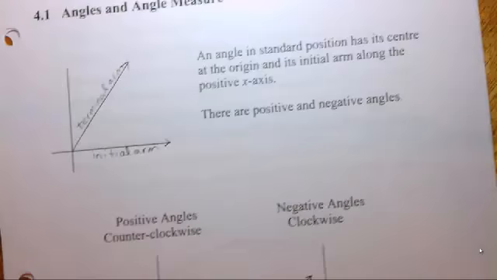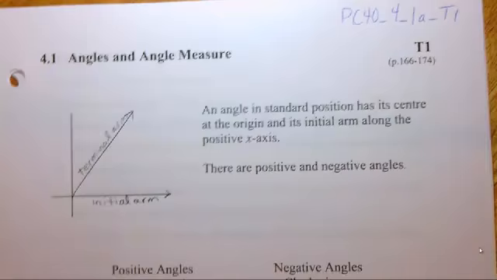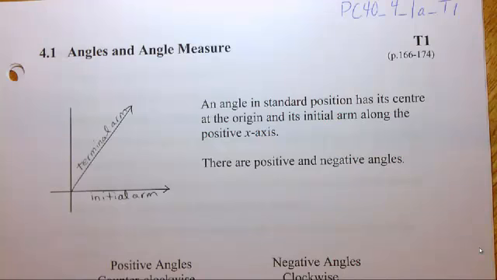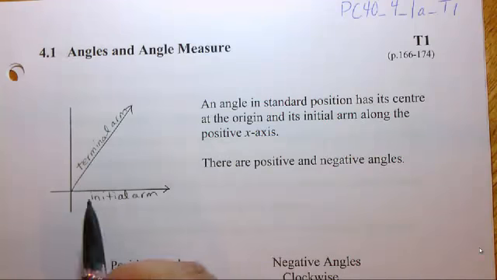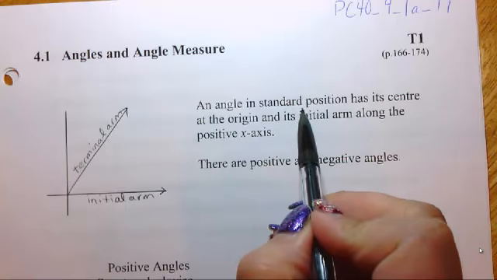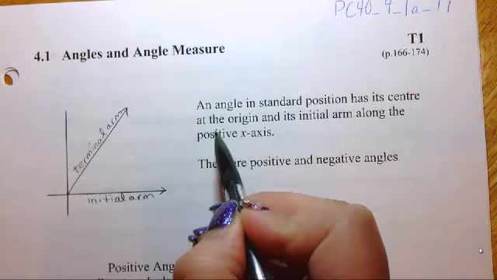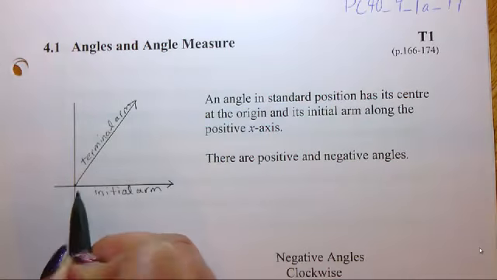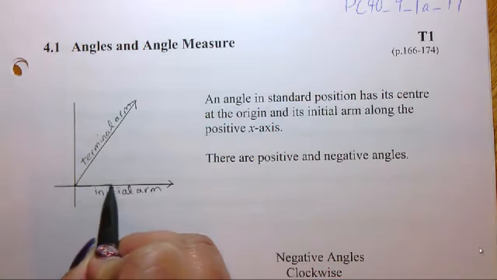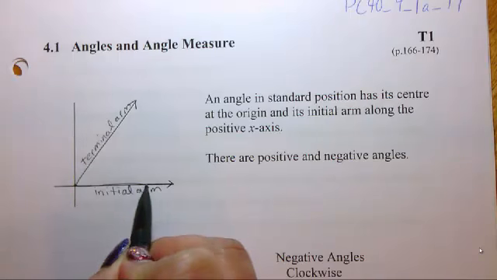All right, now in the first one we're going to look at angles and angle measure. Now, an angle in standard position has its center at the origin, that's right here, and its initial arm along the positive x-axis. This right here is the initial arm, okay?